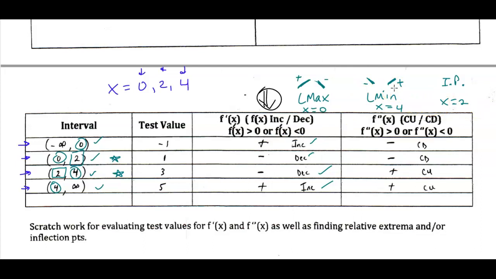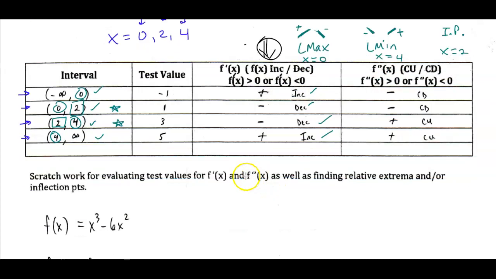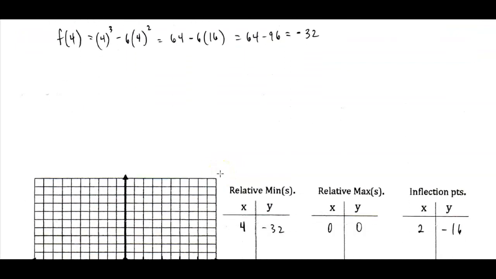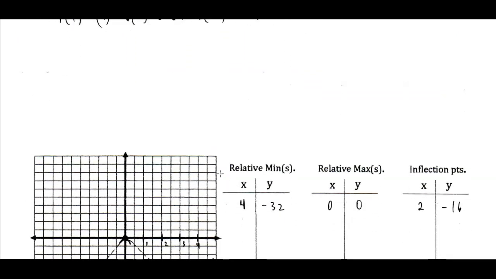So at this point, what we need to do is find out what is going to be the corresponding y values for x equals 0, x equals 4, x equals 2, okay? And so here you see that I have already plugged in that information and found that out. In addition to that, I have gone ahead and placed each of those points where they need to be as far as what's going to be the local max, local min, or relative min, relative max, and inflection points.